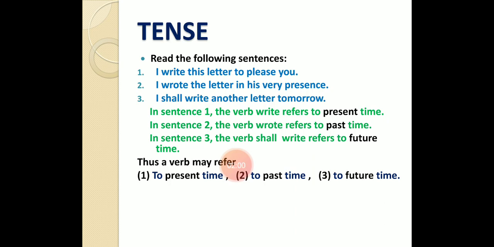So thus a verb may refer in 3 ways: in first, to present time; in second, to past time; and in third, to future time.